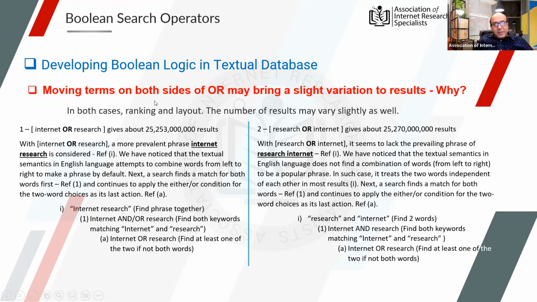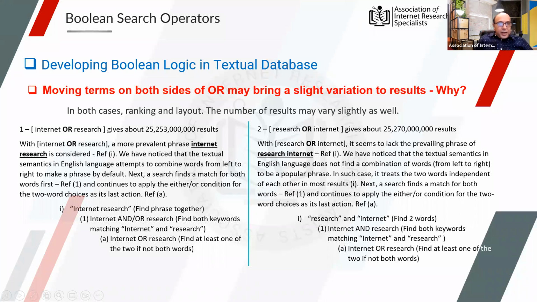So let's look at one example here that should give you an idea of what's happening when reading something from left to right or right to left. The query format I'm going to discuss has two words, let's say internet or research.